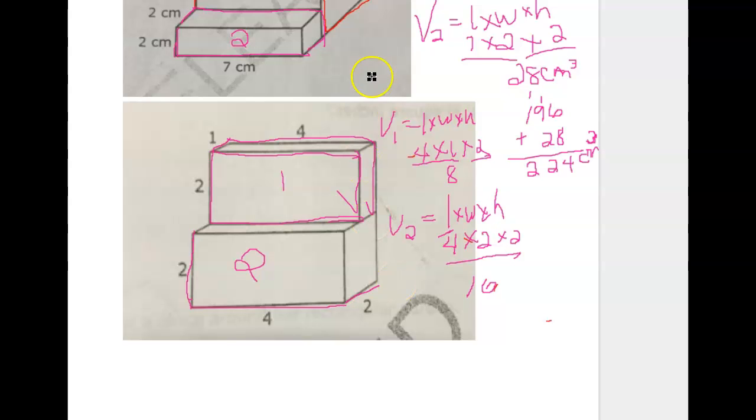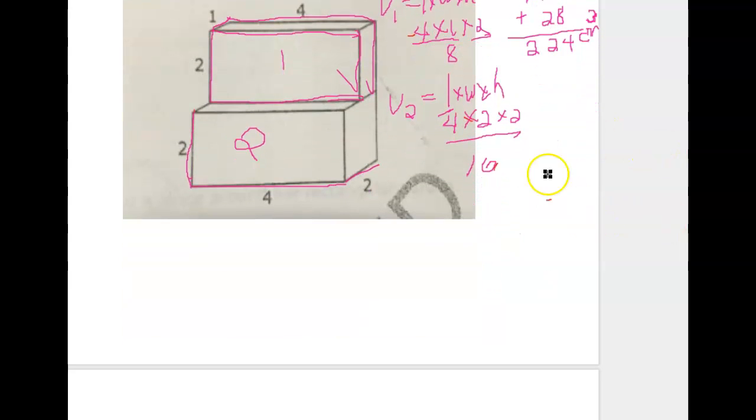We are going to add the two volumes. So we can say V1 plus V2. V1 is 8 and V2 is 16. So 8 plus 16 is 24.